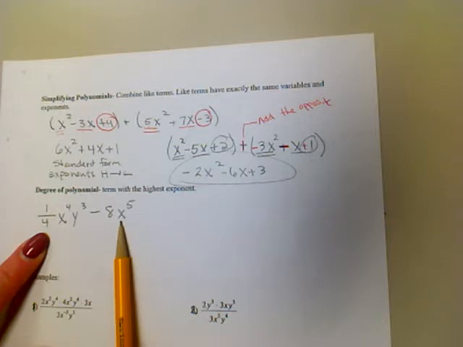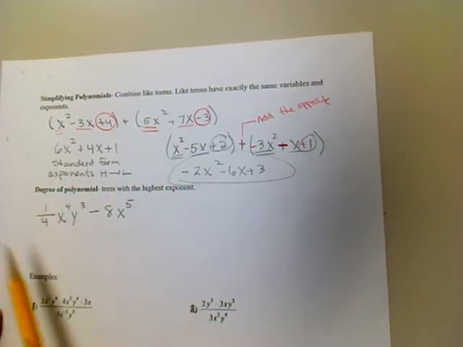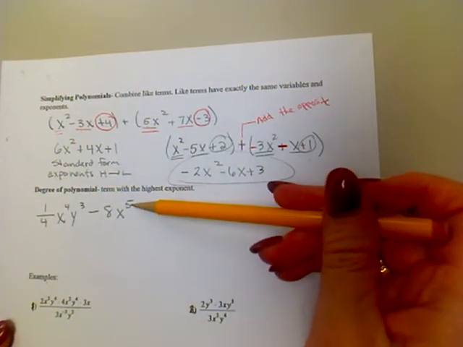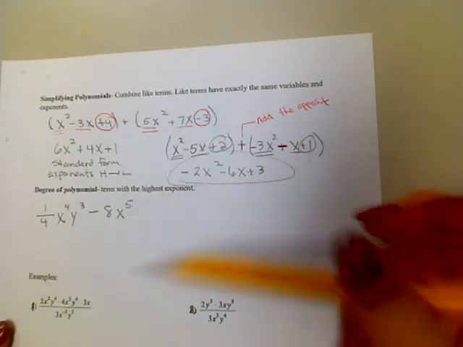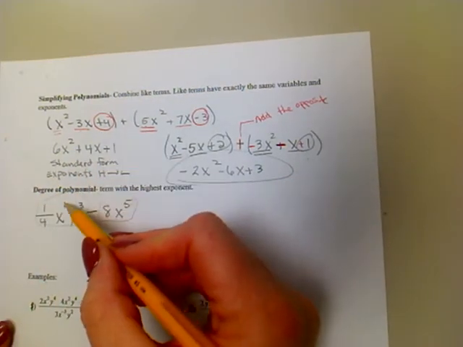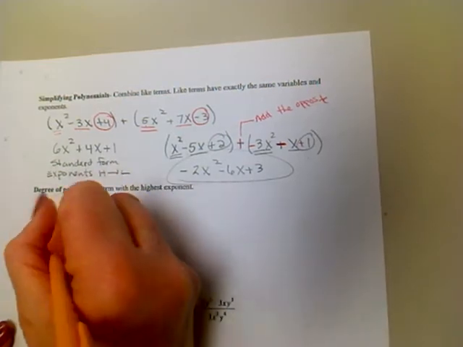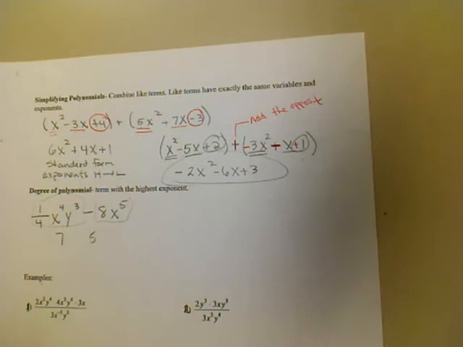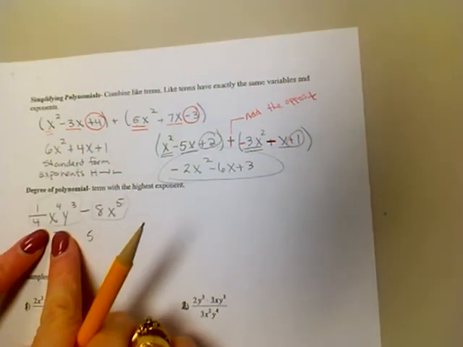To find the degree of the entire polynomial, you take the highest exponent from a monomial. So you might look at this and think, well, that x to the fifth is the highest. Okay, well, this is one monomial, and this is the second one. This is 4 plus 3, which is 7. This one is 5. So the highest exponent for the degree of this polynomial is here.